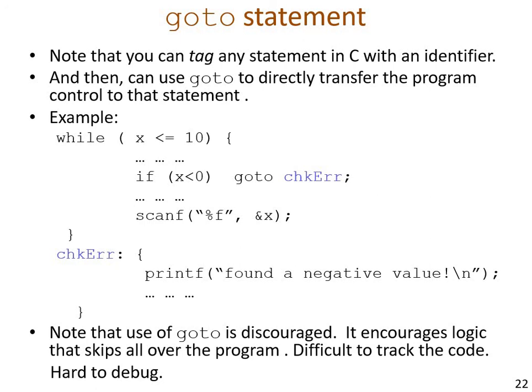Note that you can tag any statement in C with a label, and then you can use goto to directly transfer the program control to that statement. So you can use labels in the program and then use goto, but this is not encouraged, since it is difficult to track and hard to debug.